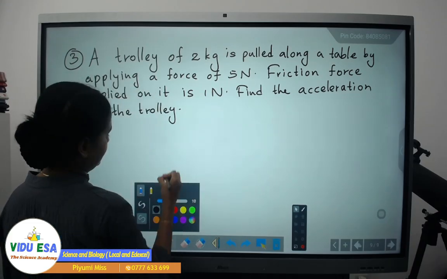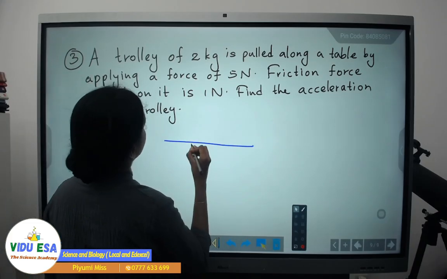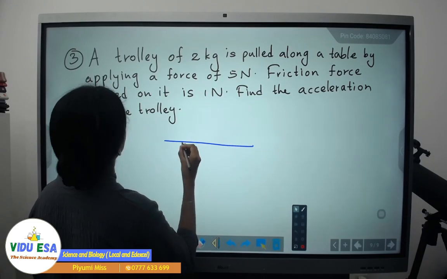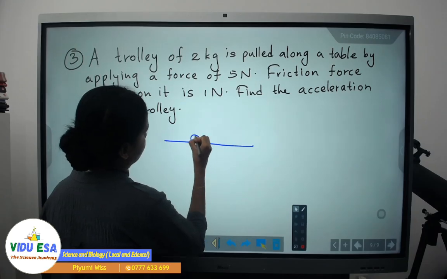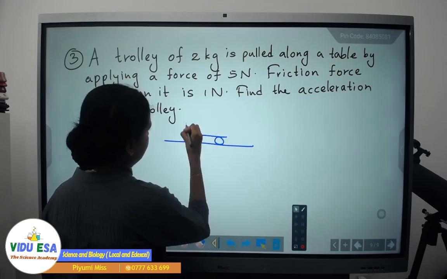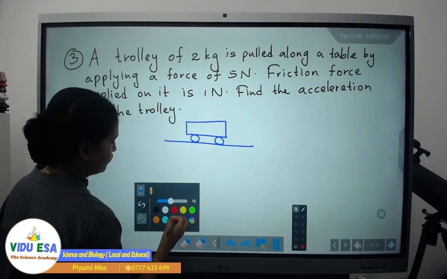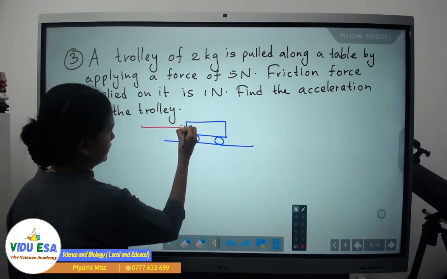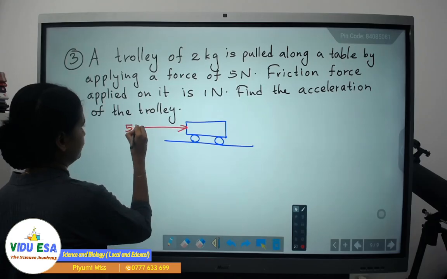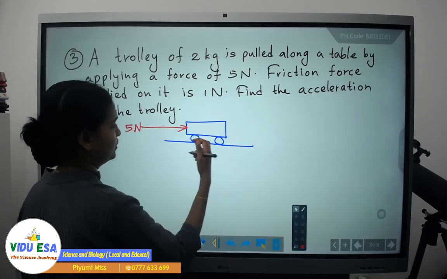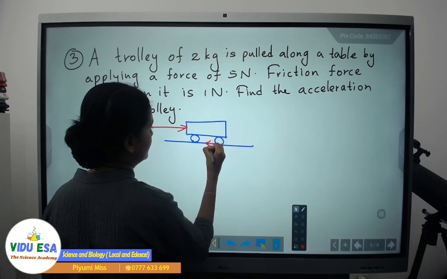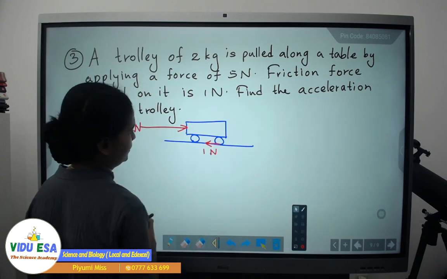What does this say? There is a trolley. A force of 5 Newton is applied on it, and you know the friction is always an opposing force. That is 1 Newton.